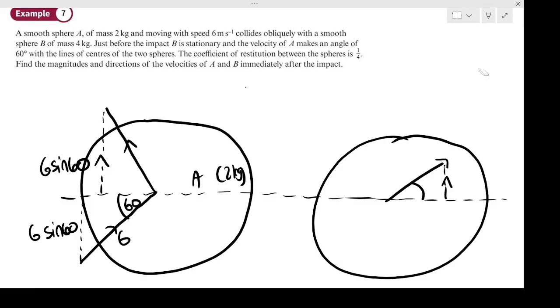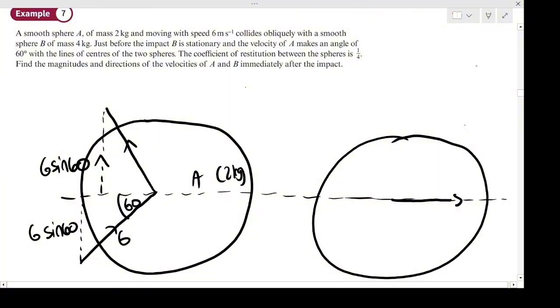But for B, because it's not moving anywhere initially, it has no perpendicular component, which says to me that afterwards it still has to have 0 for its perpendicular component. So because there's no perpendicular or vertical component, it's just going to have its speed going completely horizontal along the line of centre like that.